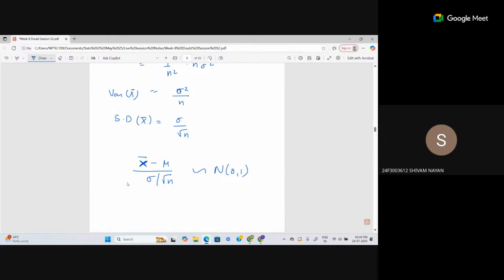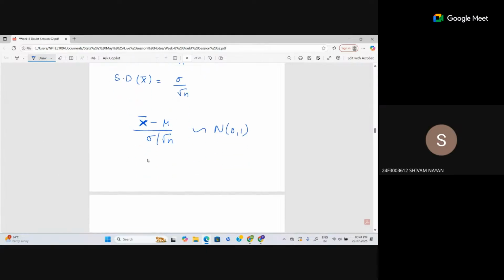Sometimes the formula seems to get changed, but the formula is not getting changed. You just have to understand the difference. These two things we are using. So this S is the summation of the random variables, and this x bar is the mean.